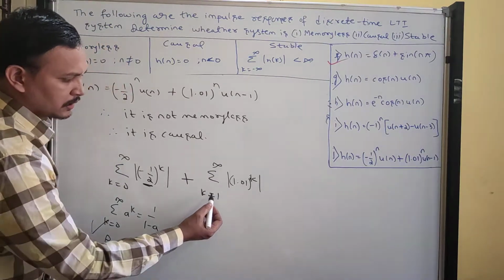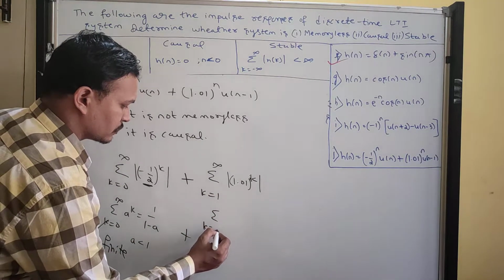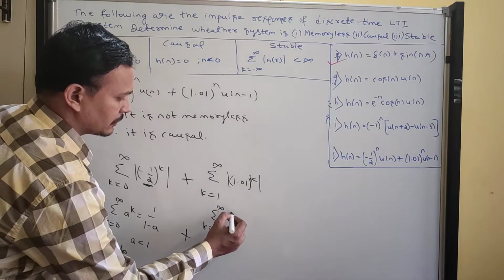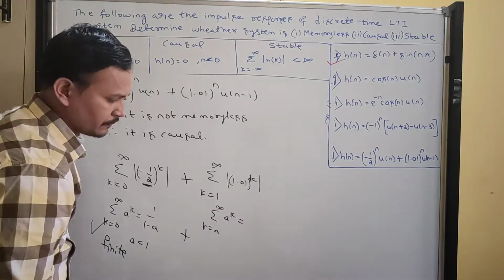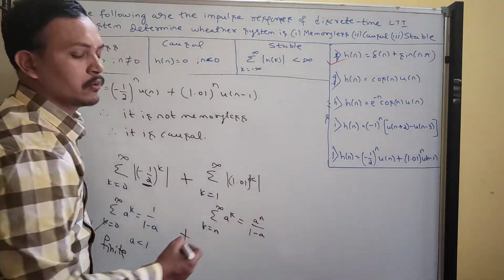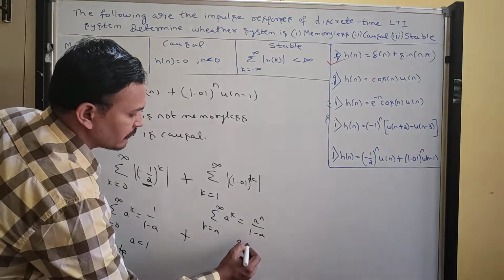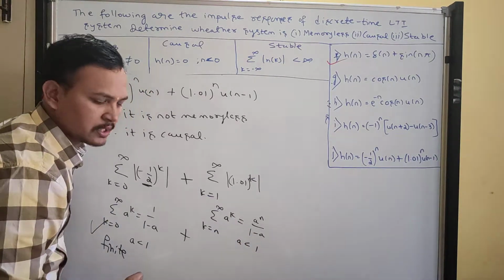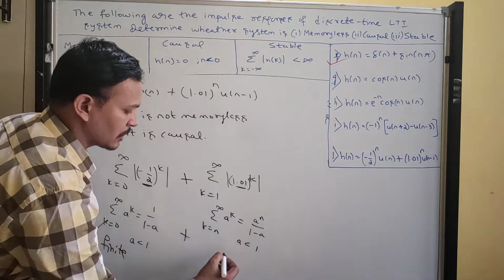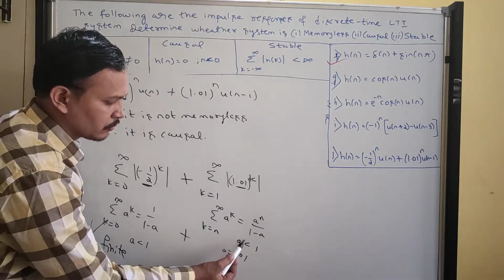Next, look at here. Here, constant to infinity. Summation k equals to n to infinity a to the power of k. If it is in this form, then the formula is a to the power of n by 1 minus a. So this formula is also valid if a is less than 1. But what is a value in this problem? They given 1.01. 1.01 is more than 1.